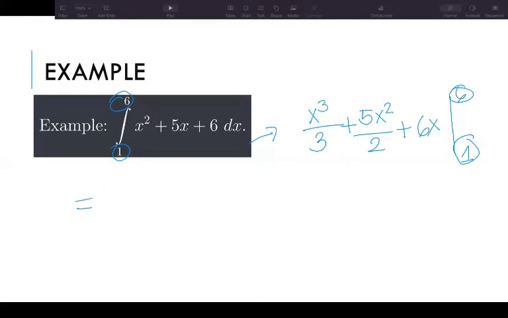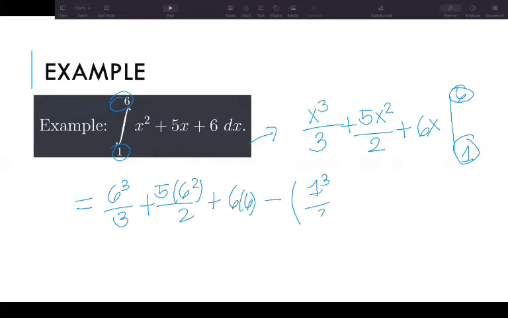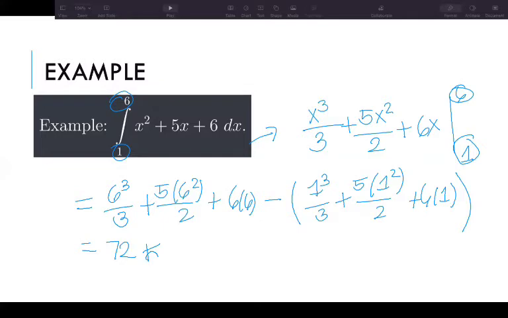So let's find out the value of this definite integral. 6 cubed over 3 plus 5 multiplied by 6 squared over 2 plus 6 times 6, minus the quantity 1 cubed over 3 plus 5 multiplied by 1 squared over 2 plus 6 times 1. 6 cubed over 3 is 72; 216 divided by 3 is 72. 5 multiplied by 6 squared is 180, over 2 is 90. 6 times 6 is 36.